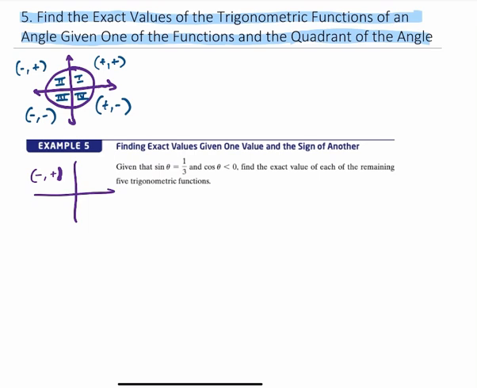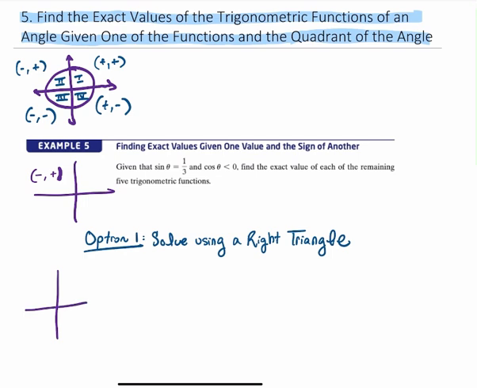So there's two different ways that we can solve this kind of question. The first option, I'll call this option 1, is to solve using a right triangle. So since we know that our angle is in the second quadrant, so it's somewhere over here, we don't know exactly where, but this would be our angle theta.